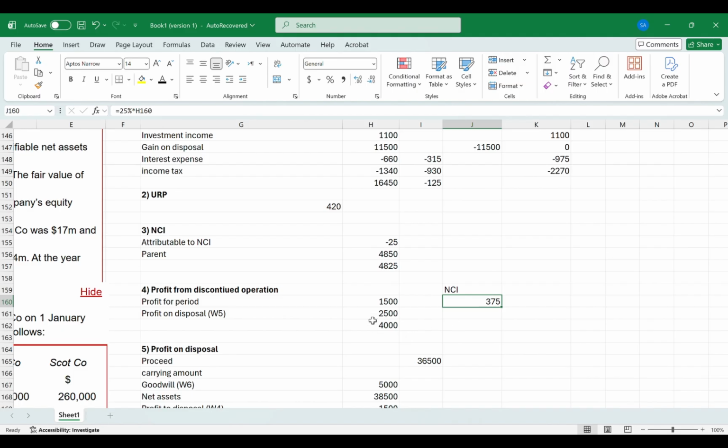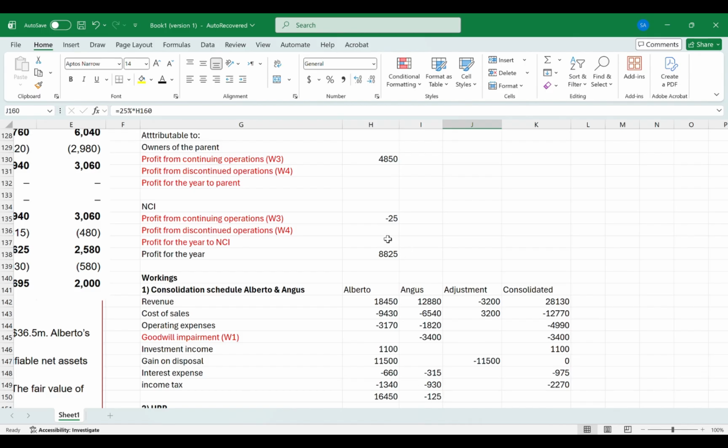And the balance of the profit and all of the profit on disposal will go to the parent. So this entire profit will go to the parent plus the balance of the profit, that is 75% of this will go to the parent. So let us calculate. So this is 375 from discontinued operation. Now when you add the total, it's 350.